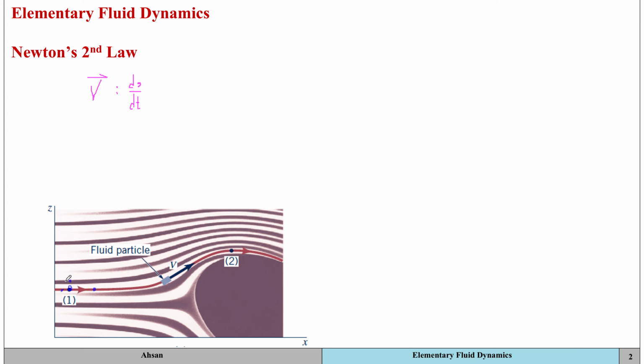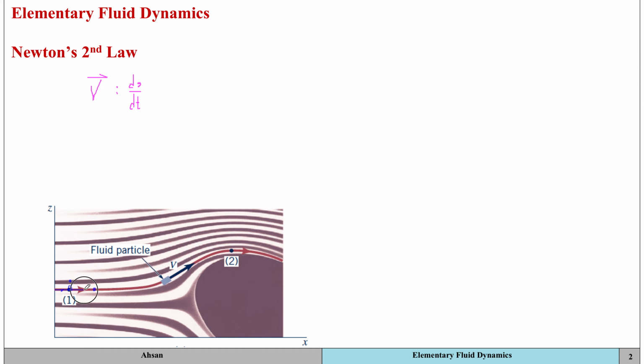The path would be a fixed line in the xz plane, and that gives us an important result, because for steady flow, each particle as it slides along its path has its velocity vector tangent everywhere to the path. And now the lines that are tangent to the velocity vectors throughout the flow field are called streamlines.